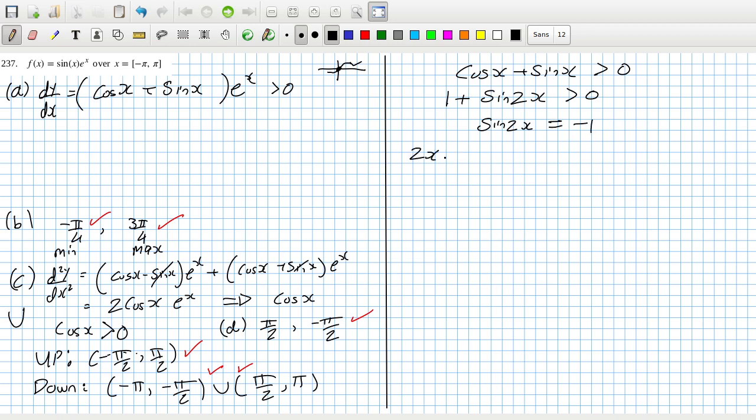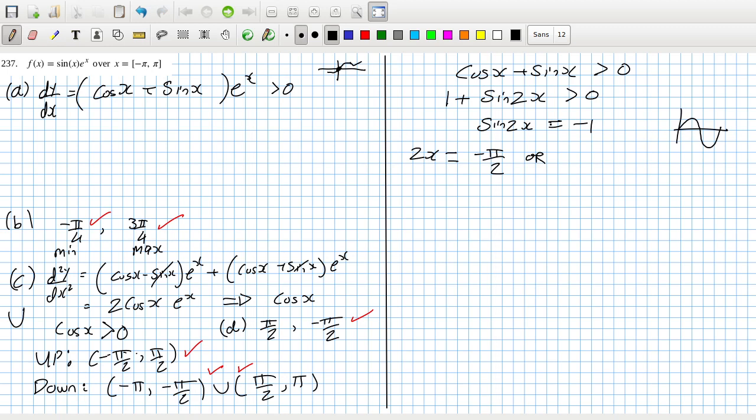So that means 2x equals minus pi over 2. And then that's that answer there. Actually it's 90 degrees, so it's only this time here it's minus 1.